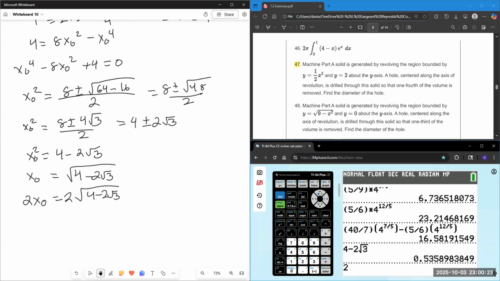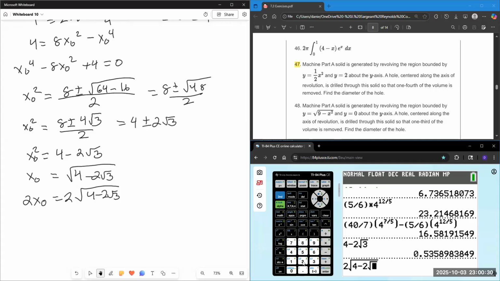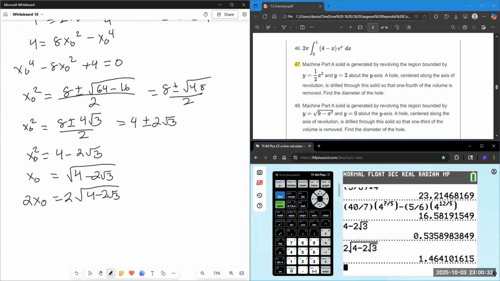So 2 square root of 4 minus 2 square root of 3. It's going to be approximately 1.464 units. And those are linear units because we're talking about the diameter of the hole that we are drilling.